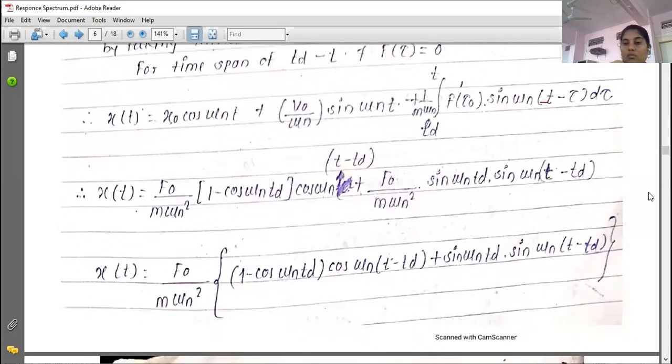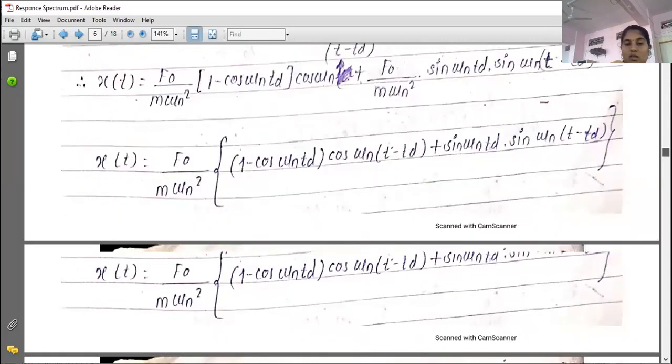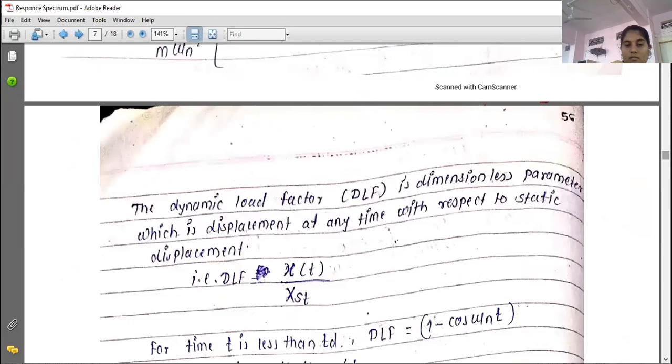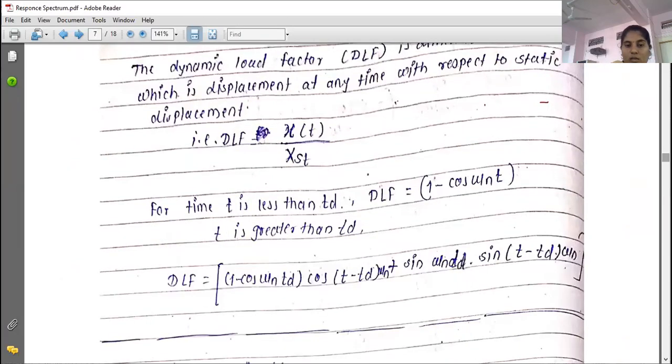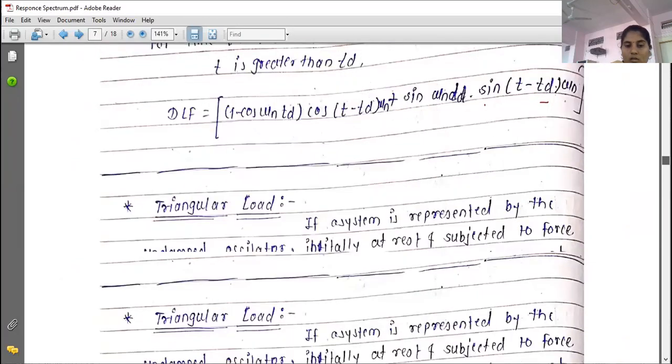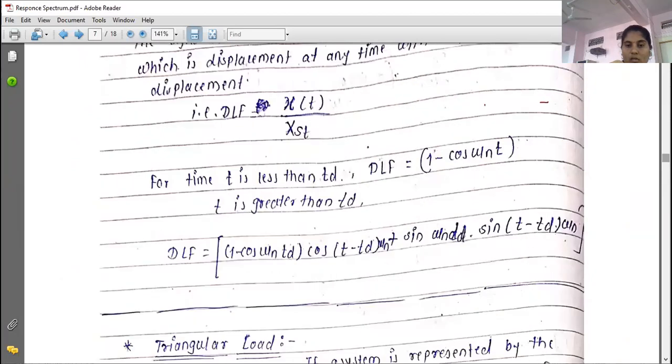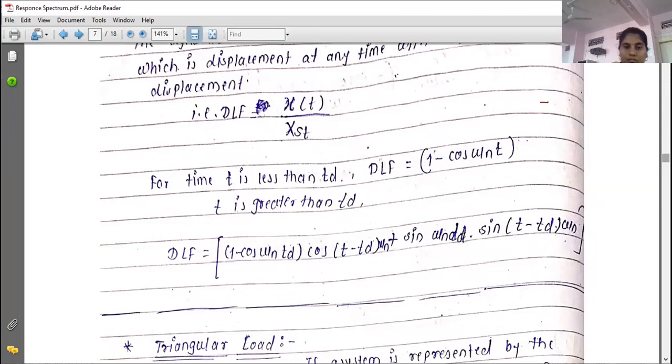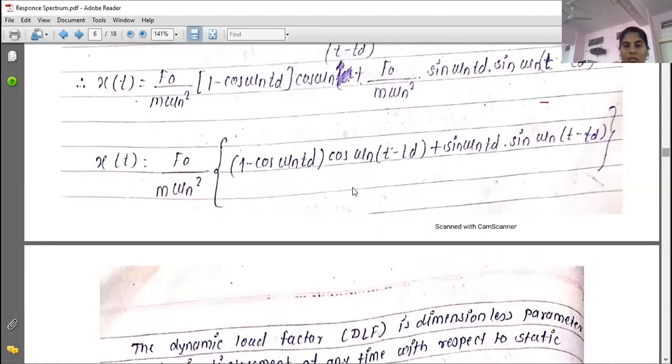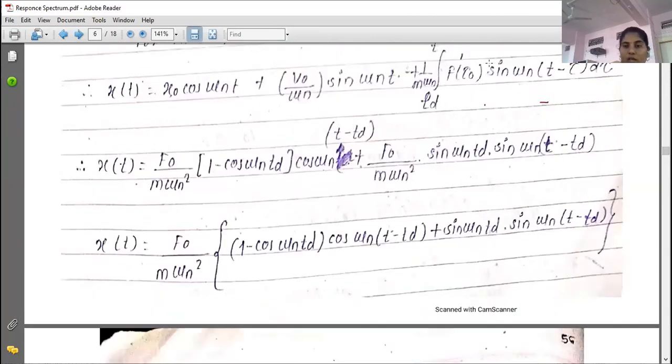So the final equation becomes like this, f naught upon m omega_n square into 1 minus cos omega_n t.